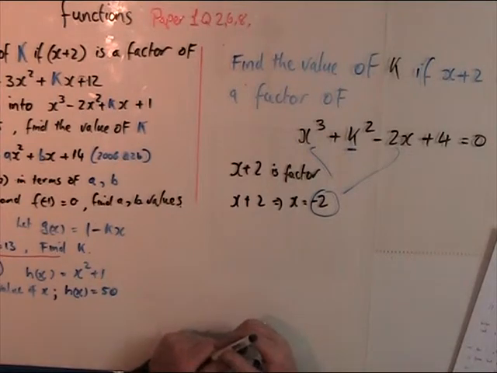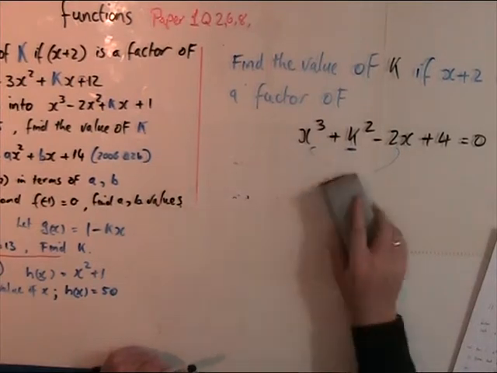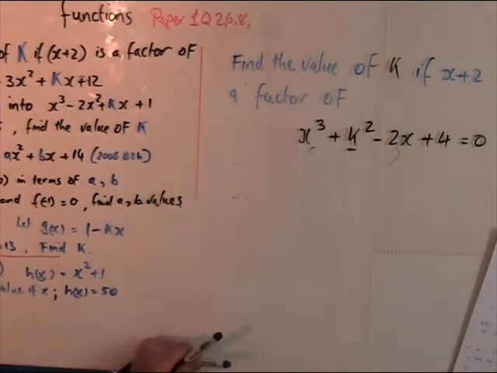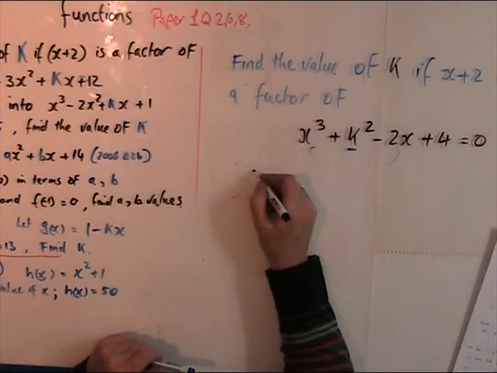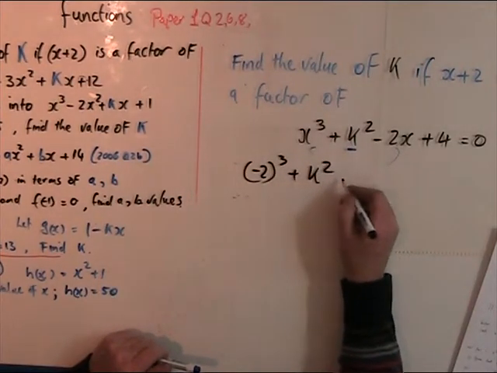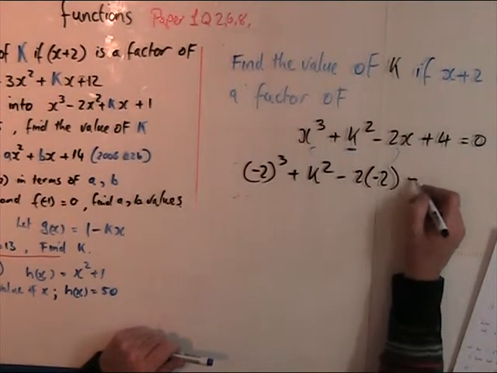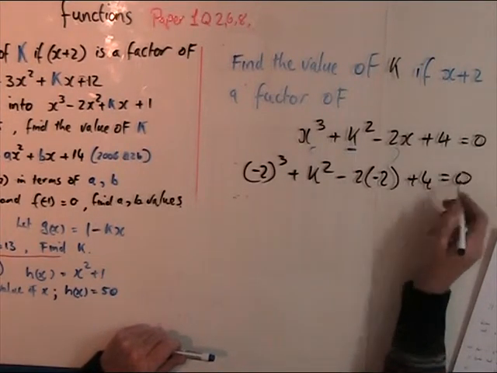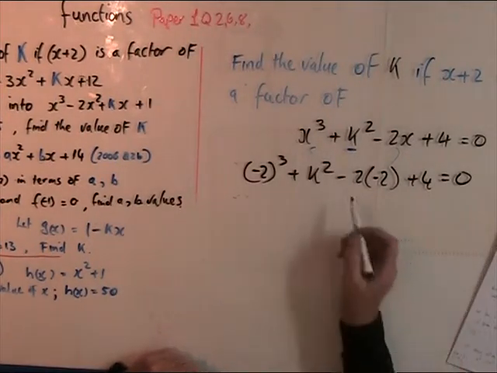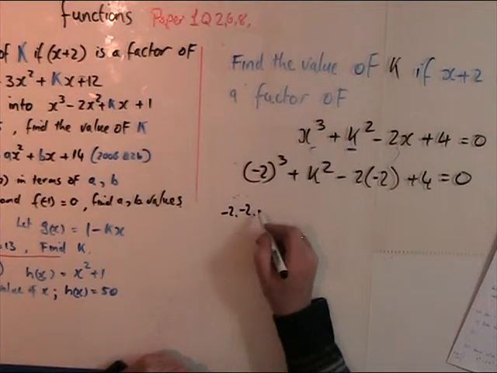So you follow it along and you kind of think ahead and say, right, what's minus 2 cubed? I know I've had this before. If you have a problem with it, you know what to do. Minus 2 cubed is minus 2 by minus 2 by minus 2.